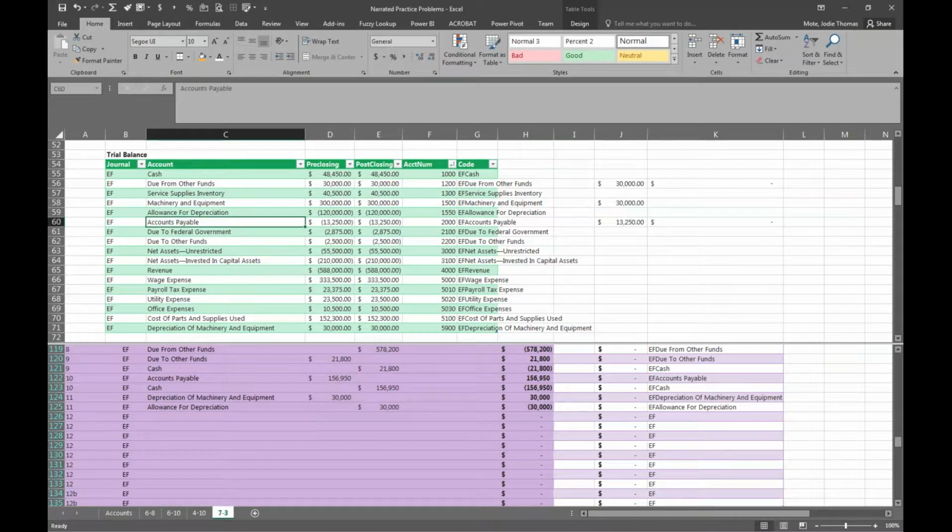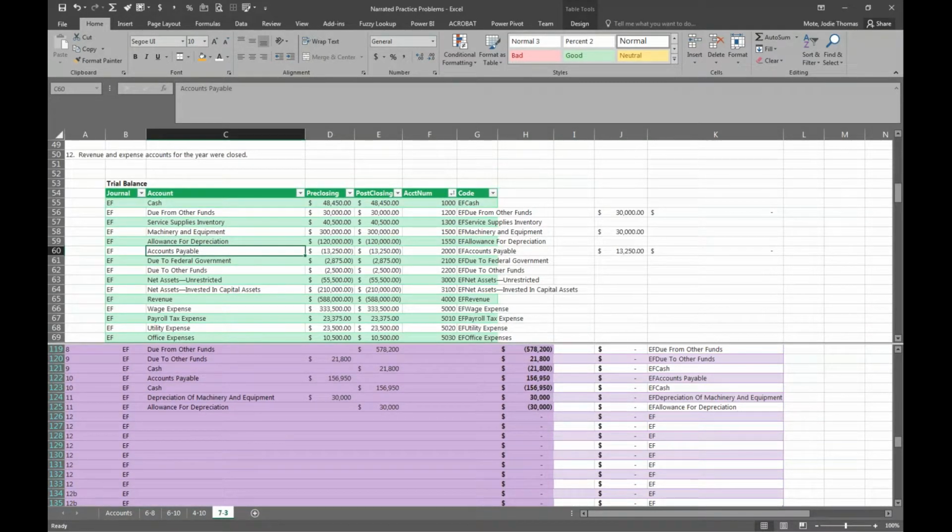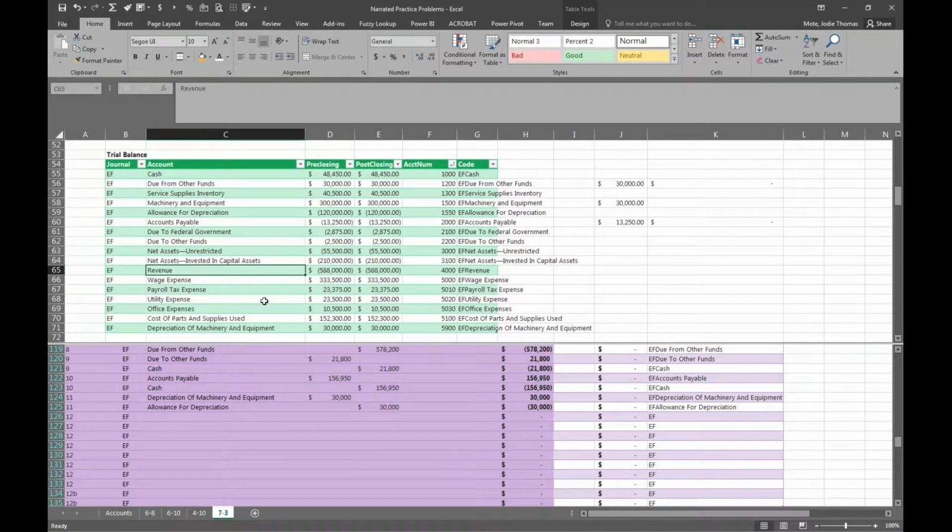Okay, number 12 says we are closing our revenue and expense accounts for the year. So let's start closing our accounts. First, our debit's going to be for revenue for $588,000. So that will close that one.